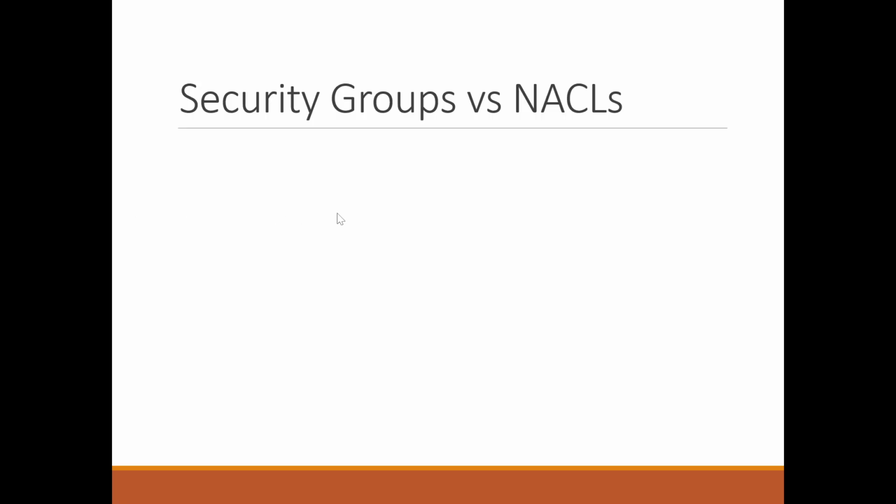Now we'll see the difference, as I explained earlier. This is the most important question: security group versus NACL. First, at the level: security groups work at resource level, like EC2 instance or elastic load balancer, and NACL works at subnet level. Next, security groups are stateful and NACL is stateless.